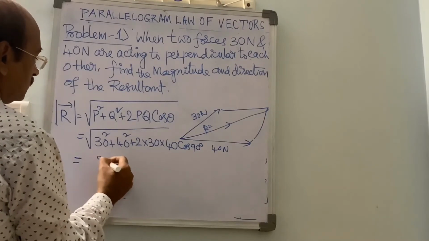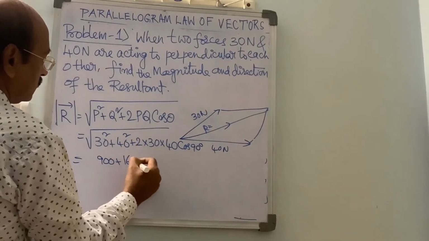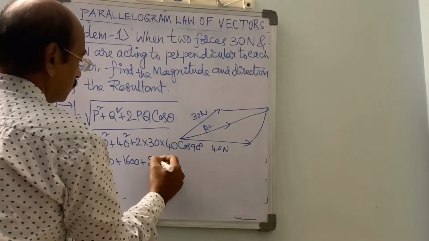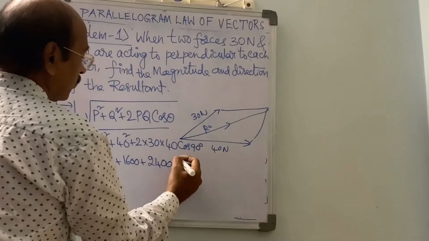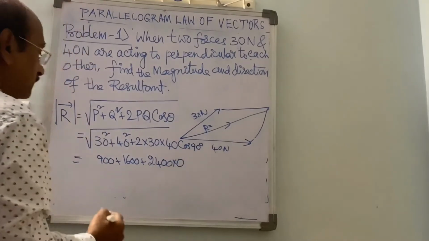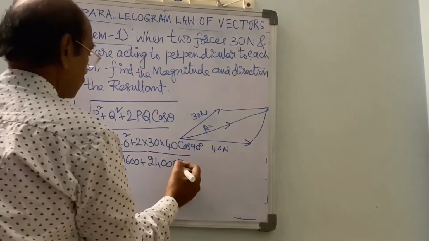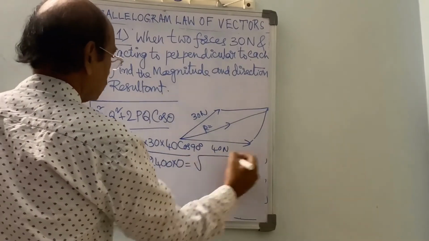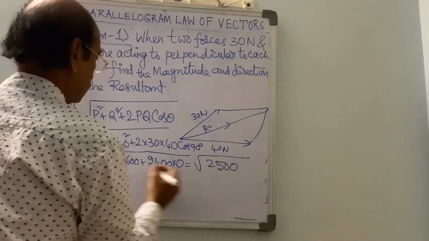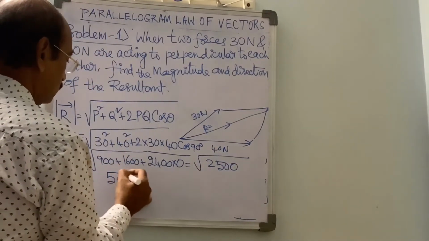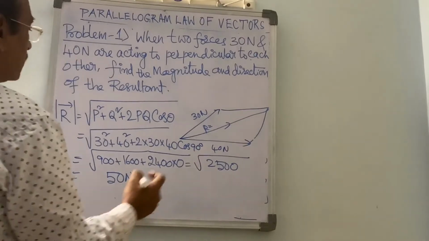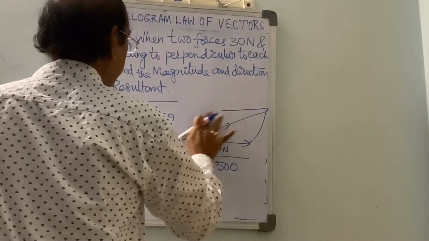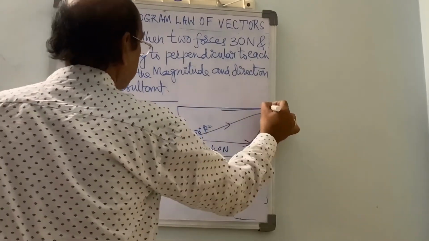So cos 90 is 0. Therefore, let us calculate the resultant. Here the figure is actually like this.